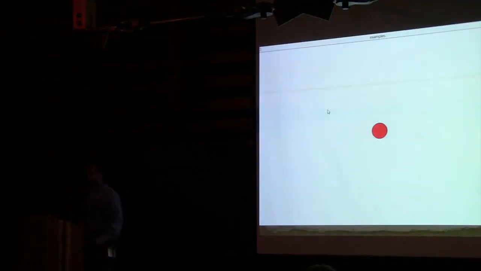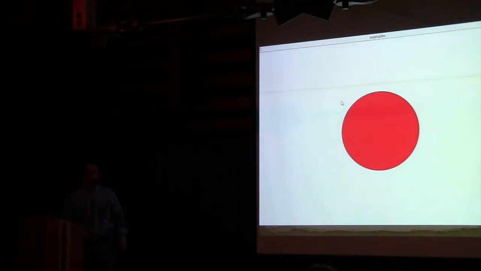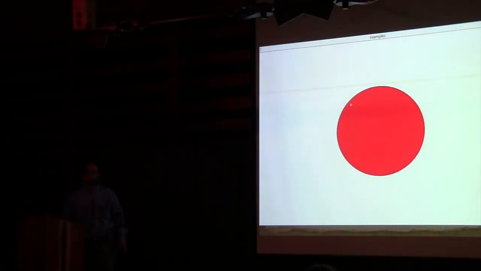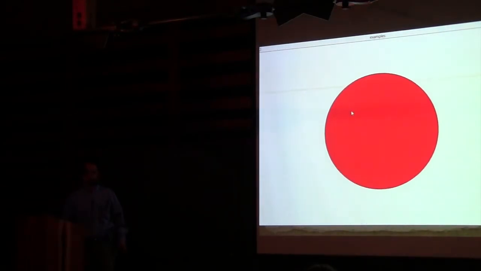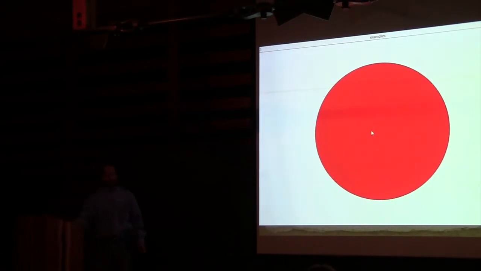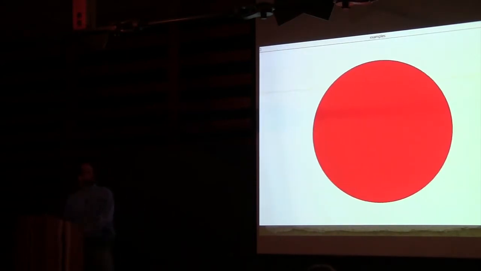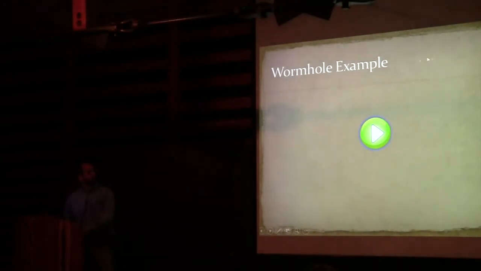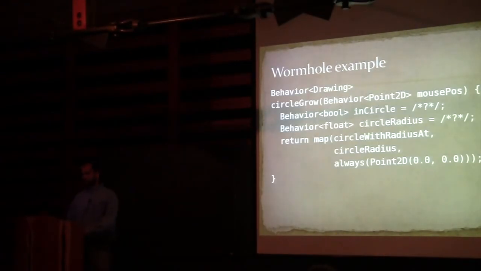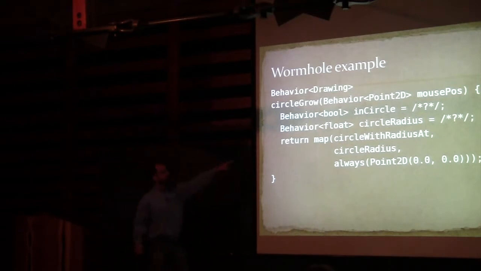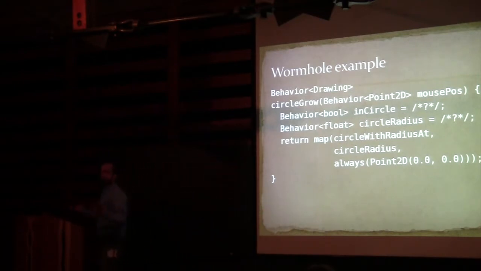So here we have another program, and when I move my mouse in the edge of that circle, it grows a little bit. So if we wanted to implement something like this, let's say we have an in-circle behavior, which just says true or false as to whether or not you're within this circle.